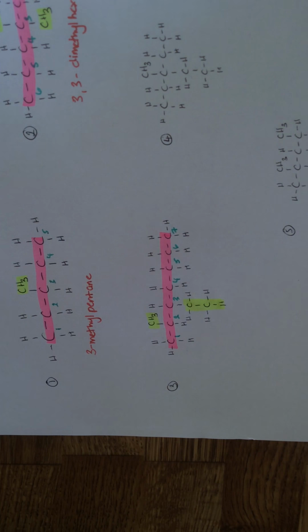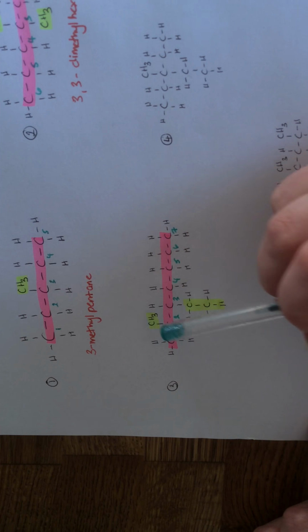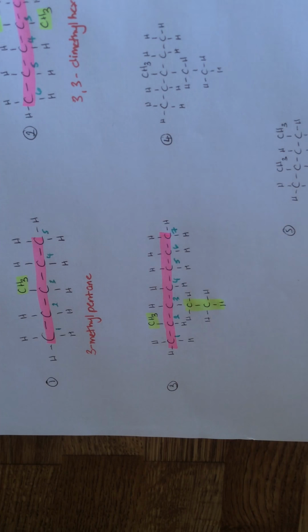Because these branches are not the same type, we then have to ask ourselves, are the branches on the same carbon? No. One's on the second carbon and one's on the third carbon. So you start to name depending on the carbon chain and where they come.